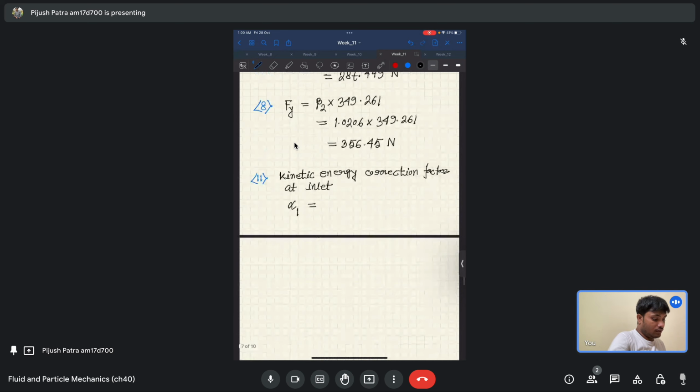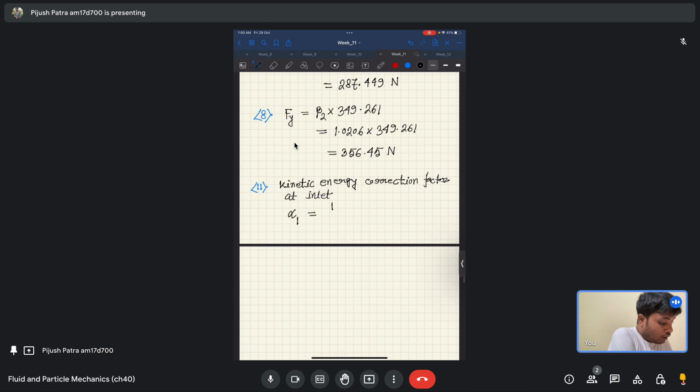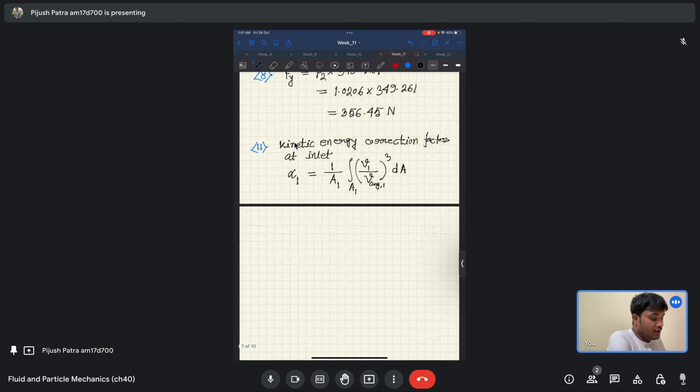So it is equal to 1 by A1, that is the area at 1, integration over area into V1 divided by V average at 1 Q into dA, right? And this V by V average at section 1 is equal to 2 into that part. So what will be that? And 1 by A1 equals to 1 by pi R1 square.